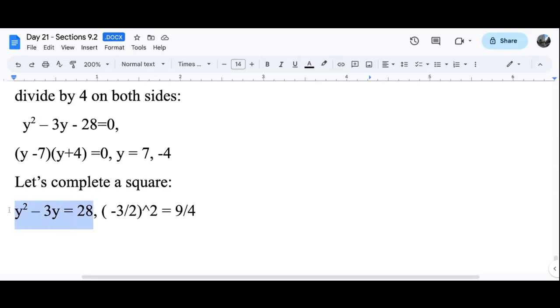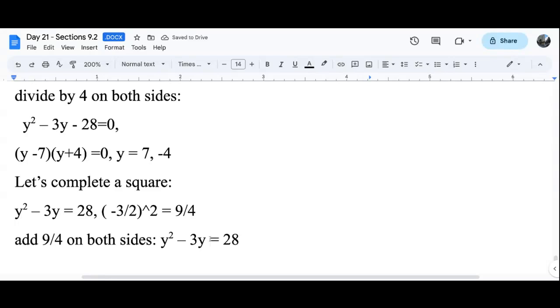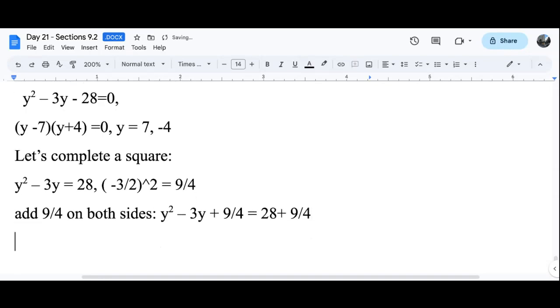So we just add 9 over 4 on both sides, on the left-hand side and on the right-hand side.